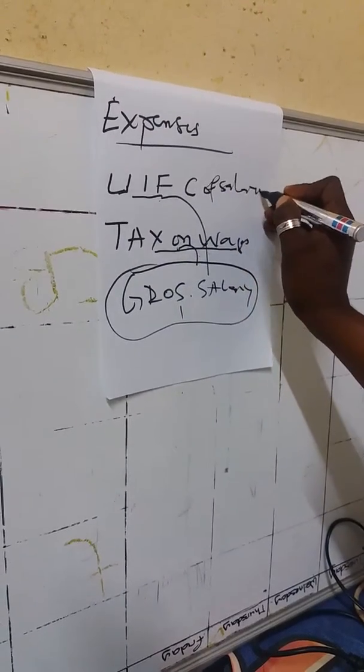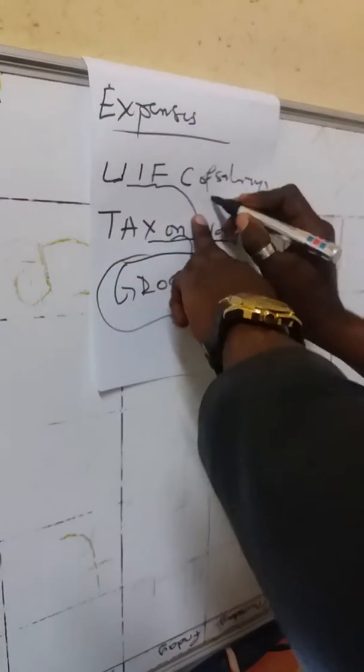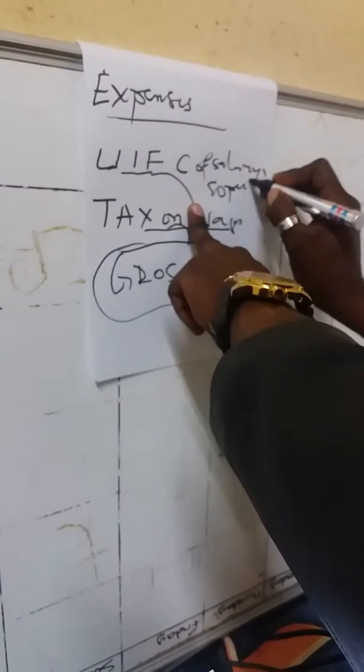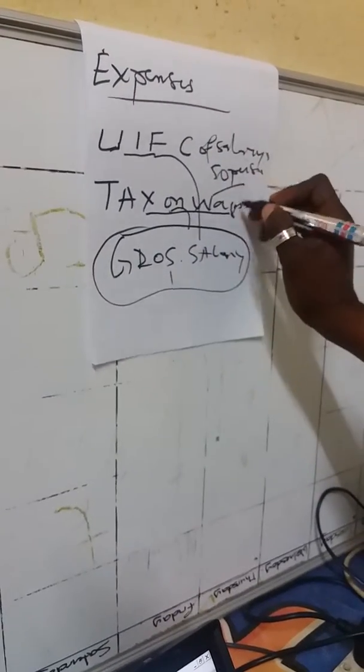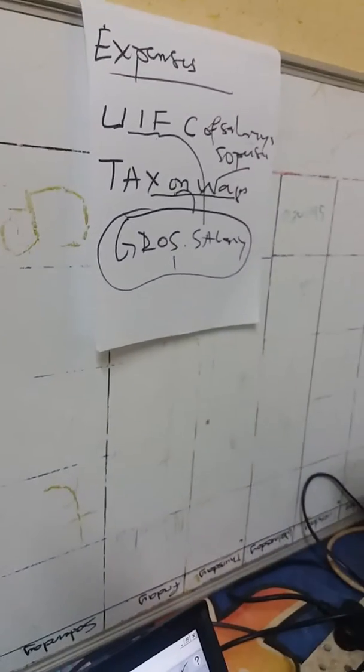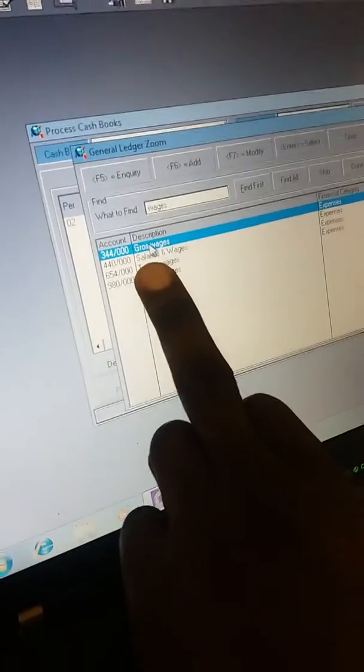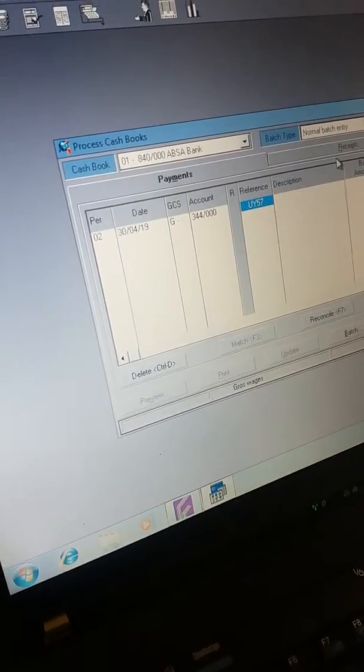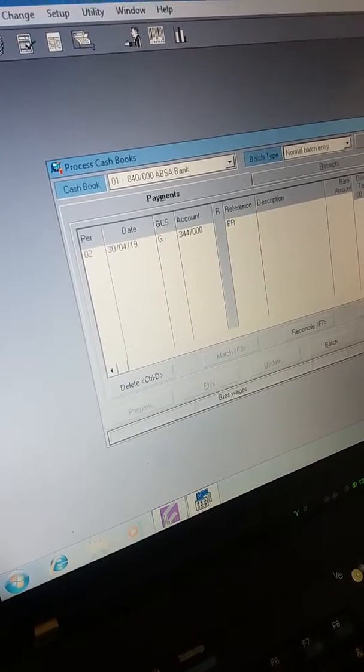So the cost of salaries here, for 50 people. The workers can be 50. So the cost of the salaries, we are going to do gross wages. Then we tap the reference always.